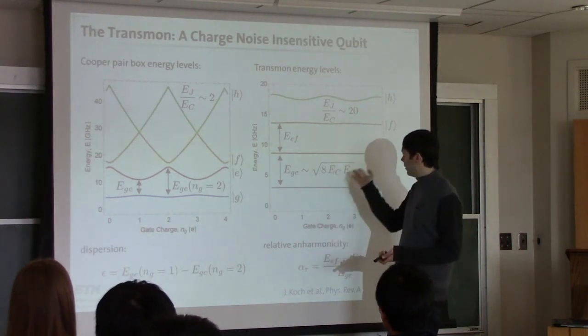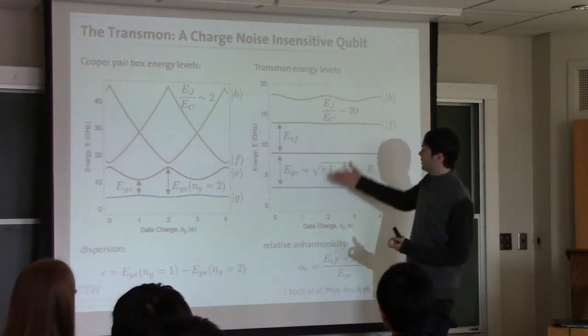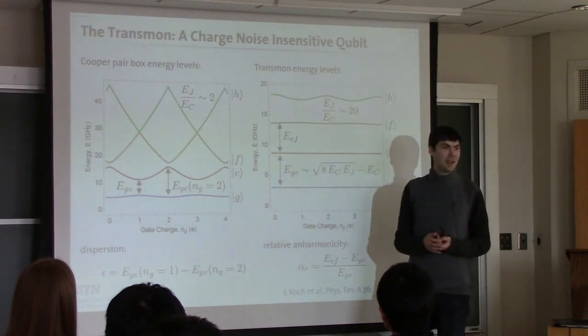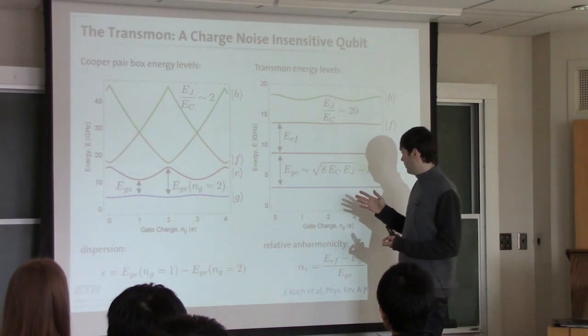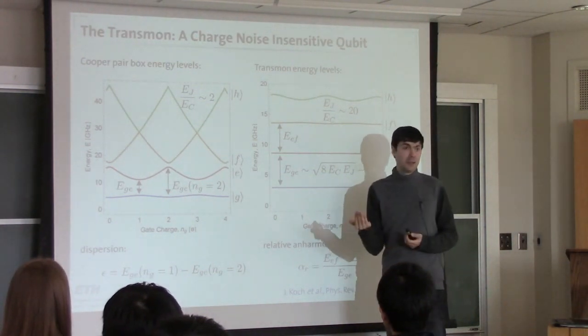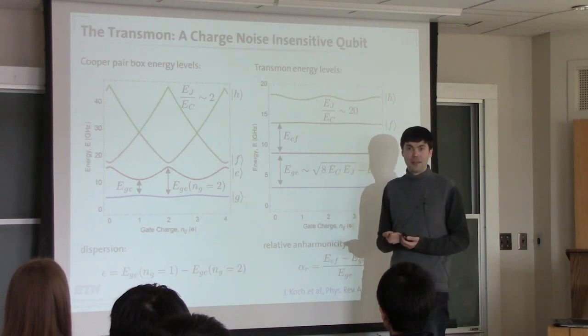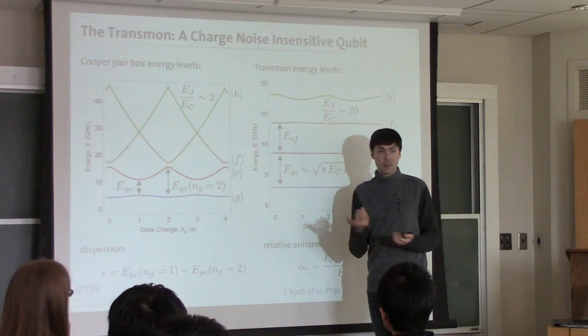Well, now by adding this capacitor, we kind of removed it, so we have these levels. They are almost equidistant, just slightly anharmonic, and so all the concepts that I told you about in this lecture are kind of cancelled in this qubit. To me, it's almost a classical circuit.